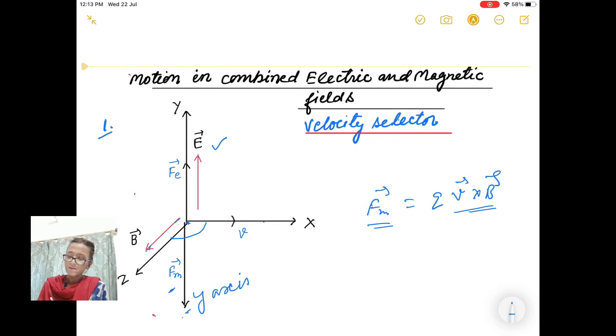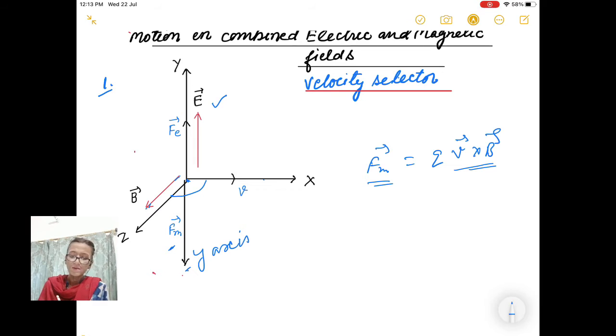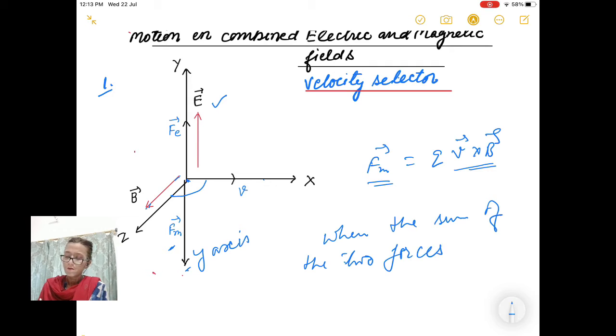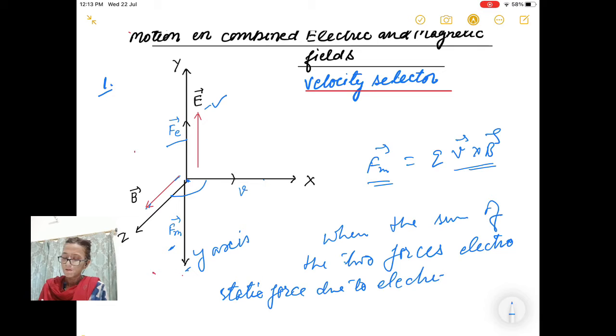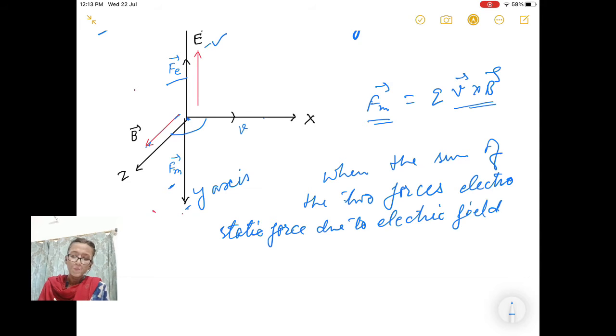So the two forces, in a particular case, the sum of the two forces becomes 0: the electrostatic force due to the electric field, and the magnetic force due to the magnetic field along the z direction.